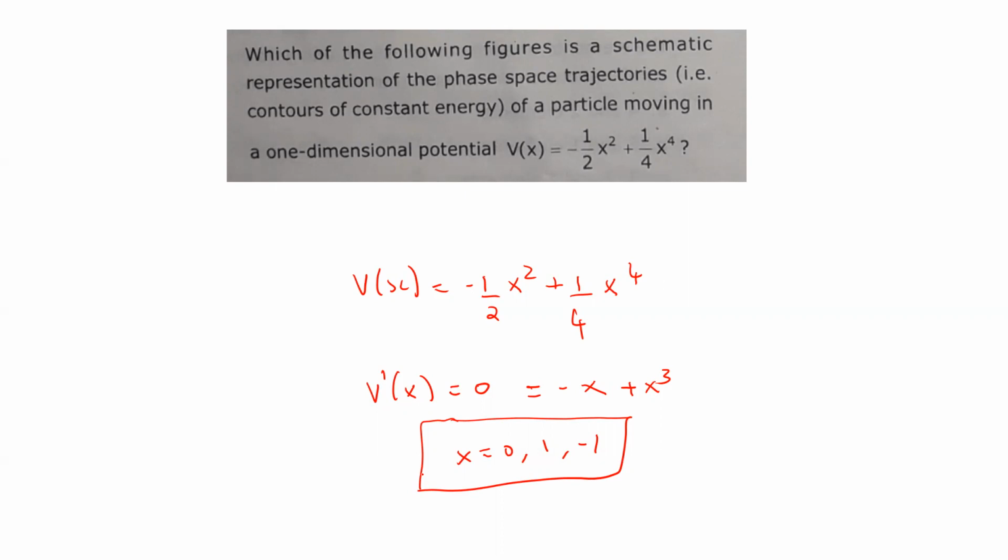From these points, we have to find out which point is a maxima and which is a minima. So we will do the second derivative test. Check that the second derivative is negative, equal to minus 1, that is, less than 0 at x equals 0.